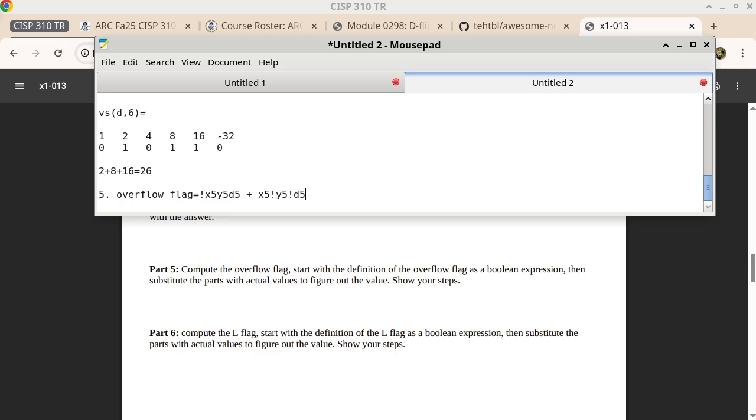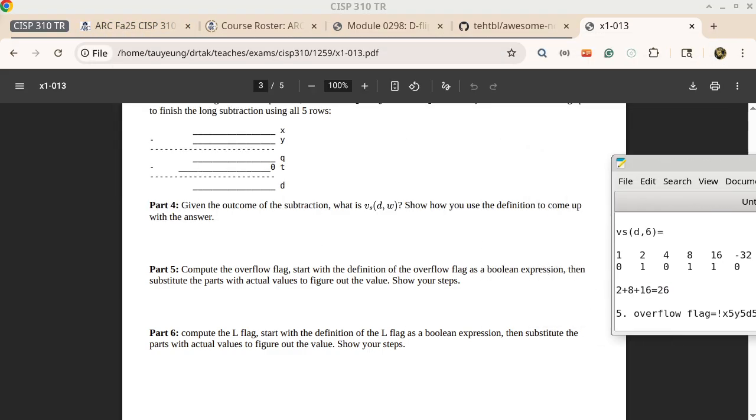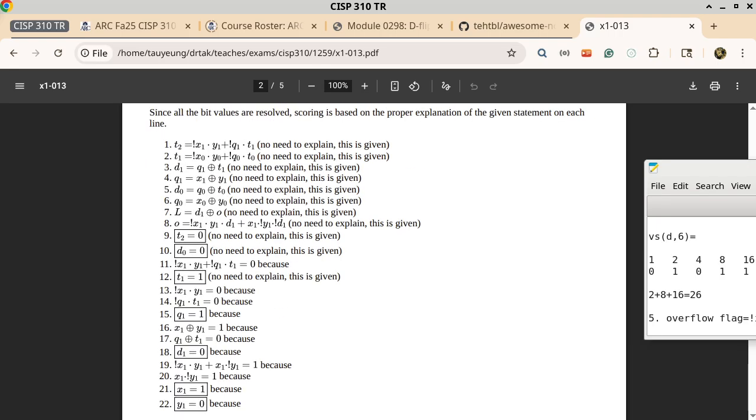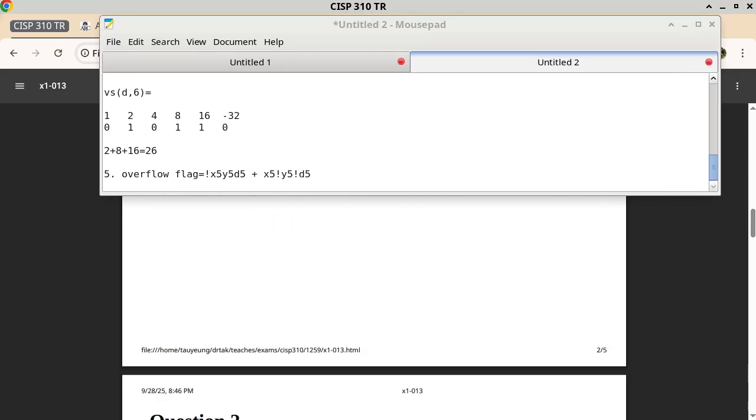Copy from the first problem, because the first problem actually tells you all that too. Let me show you what I mean. I think most of you know that already, but I'm going to show anyway. The first problem already spelled out what the overflow flag is. So even if you forget, it's okay. Just look at question number one and you'll have it.